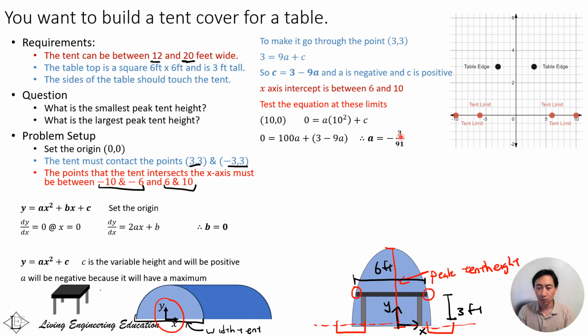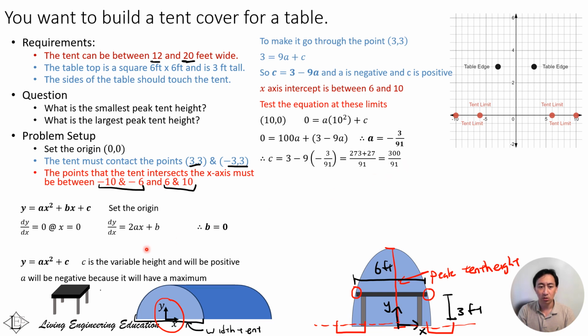Not a pretty number, but we know our final solution. So we're going to keep it in fractional form here. All right, so I have a, I have b, now I need c. But I have this relationship with a and c, so I can just plug it in. So I plug in negative 3 over 91 up into this equation. And so I get c is equal to 300 over 91. Okay, so now I have a, b, and c.